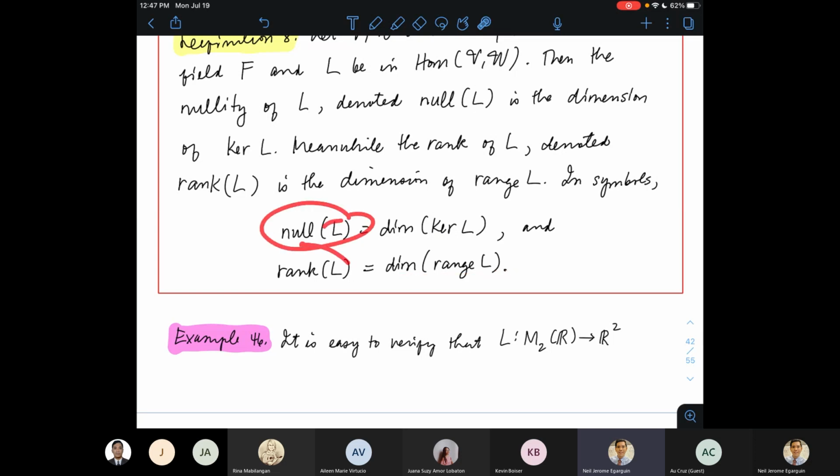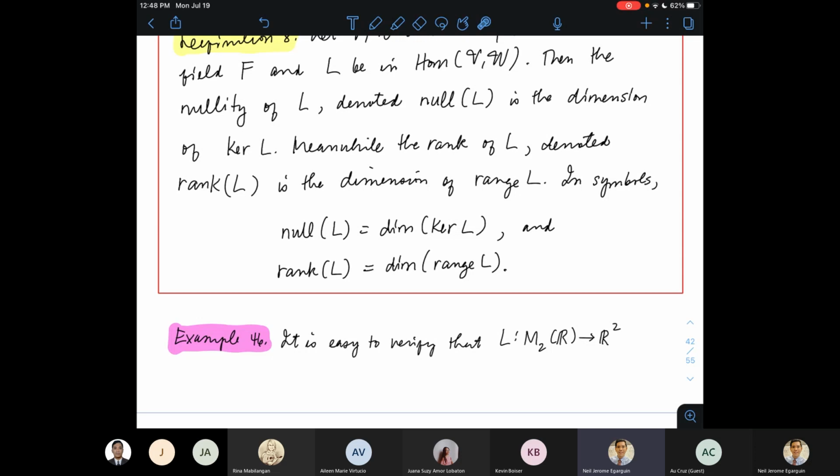And probably this rings some bells insofar as your undergraduate linear algebra is concerned. Parang ito rin yung sa matrices, right? So matrices have nullity and rank, meron kang full rank, and so on. In Module 4, we'll talk about the relationship between the nullity and the rank of linear transformations and the nullity and rank of matrices, right?